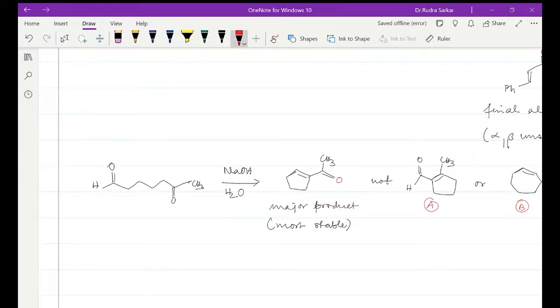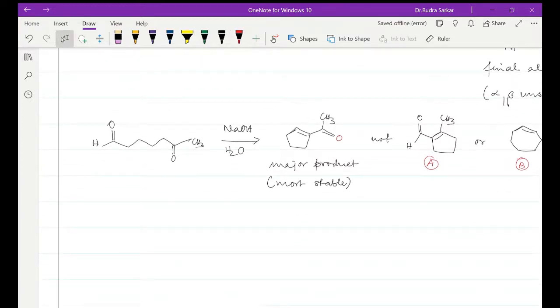Now, over here, what is interesting to understand is that this unit over here is an aldehyde and that portion is a ketone. What do we know so far?